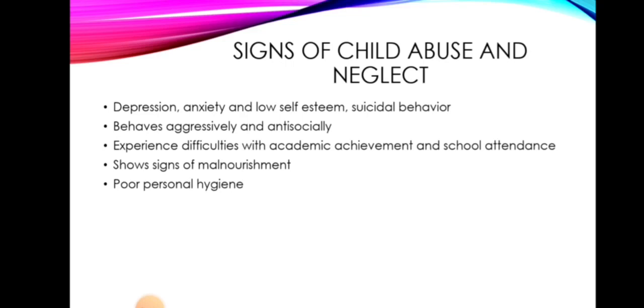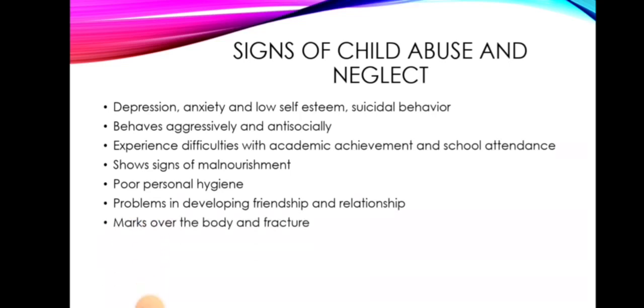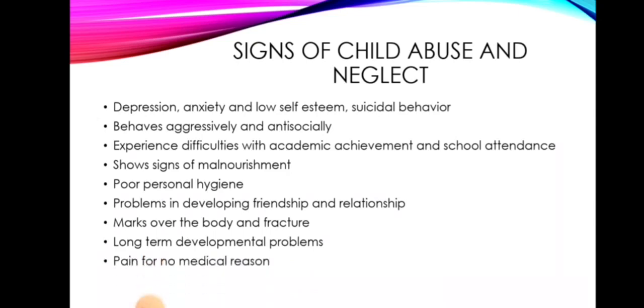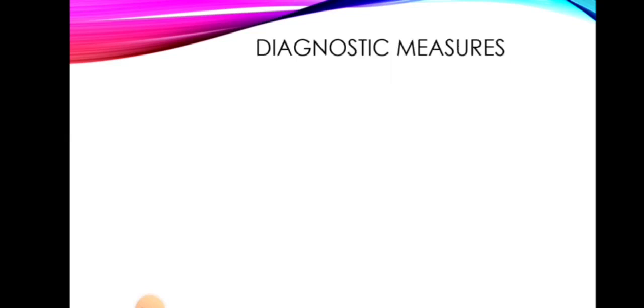Children who underwent neglect or maltreatment will show signs of malnourishment, poor personal hygiene, and problems in developing friendship and relationships in society, and they have marks over the body and fractures. These children also have long-term developmental problems, and they will have pain for no medical reason.